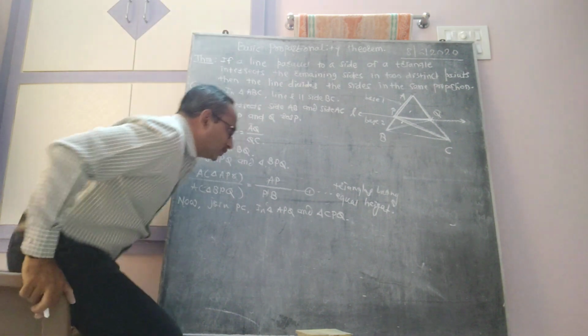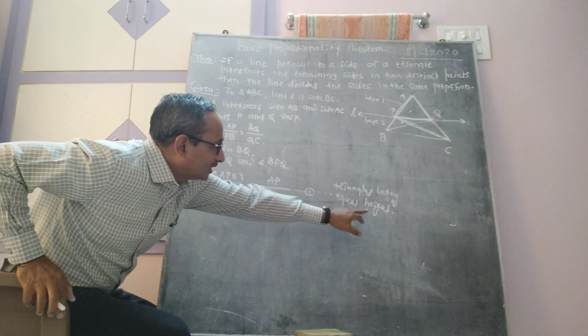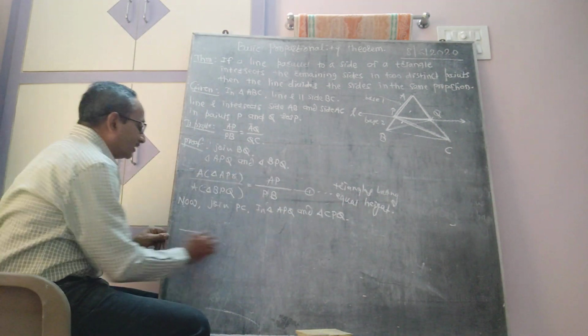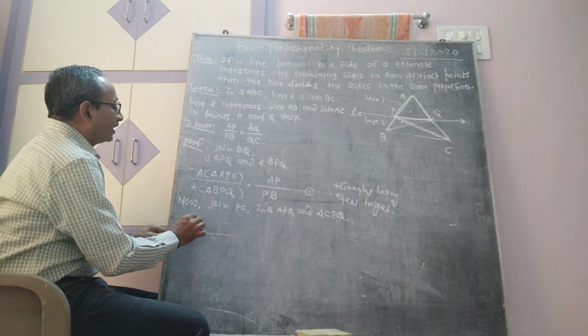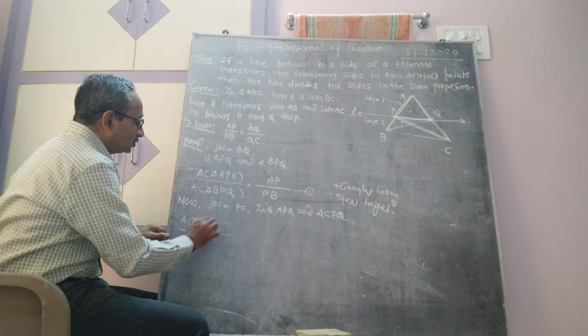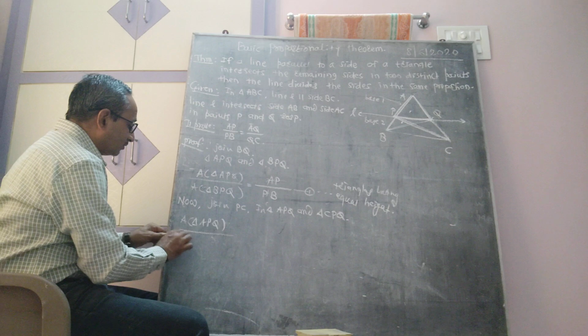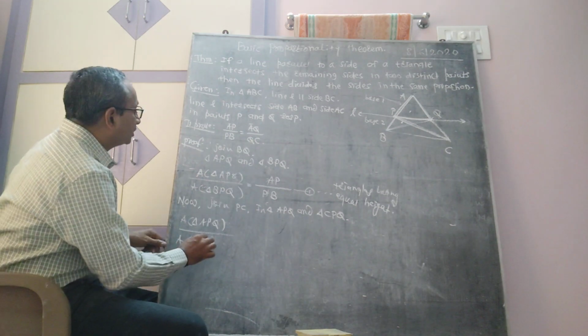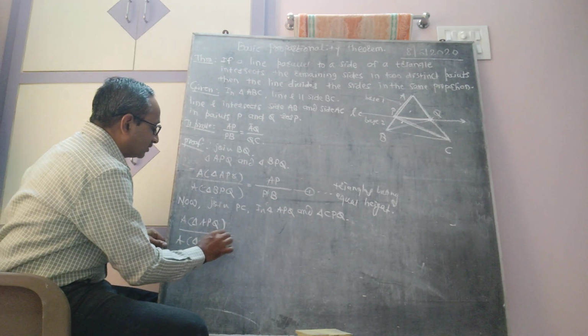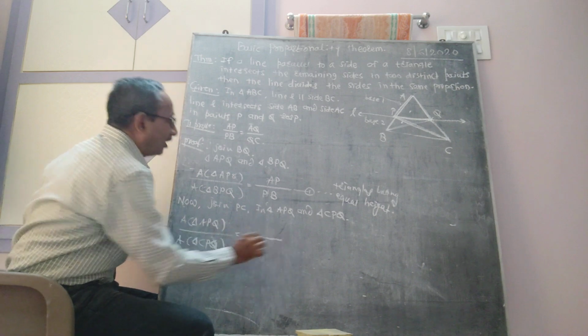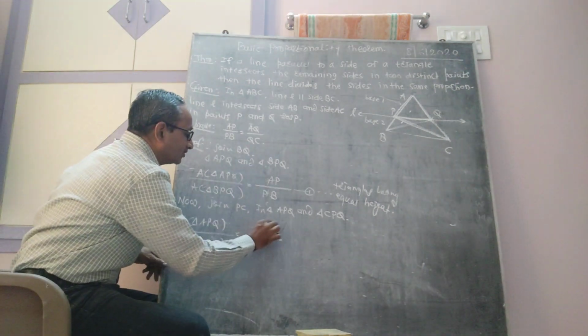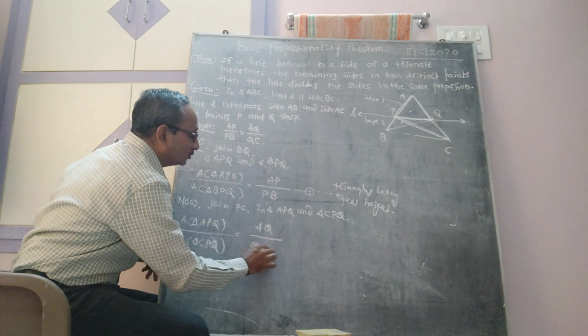Again, by using the property of triangles having equal height, the ratio of areas of triangle APQ and triangle CPQ is equal to the ratio of their corresponding bases, AQ upon QC.